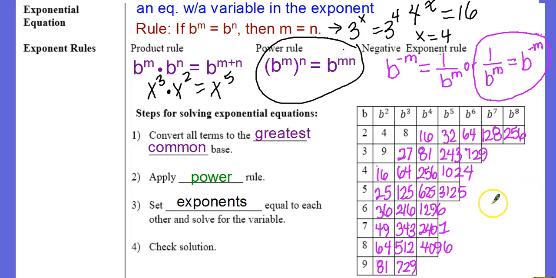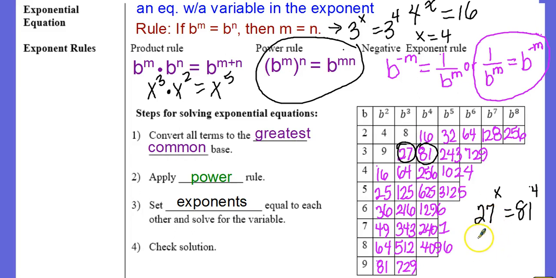Okay. So just real quickly, so we know how to use this table carefully, if I were to say 27 to the x equals 81 to the 4th, what base will I see both of them in? Base 3. Look, there's 27 and there's 81.